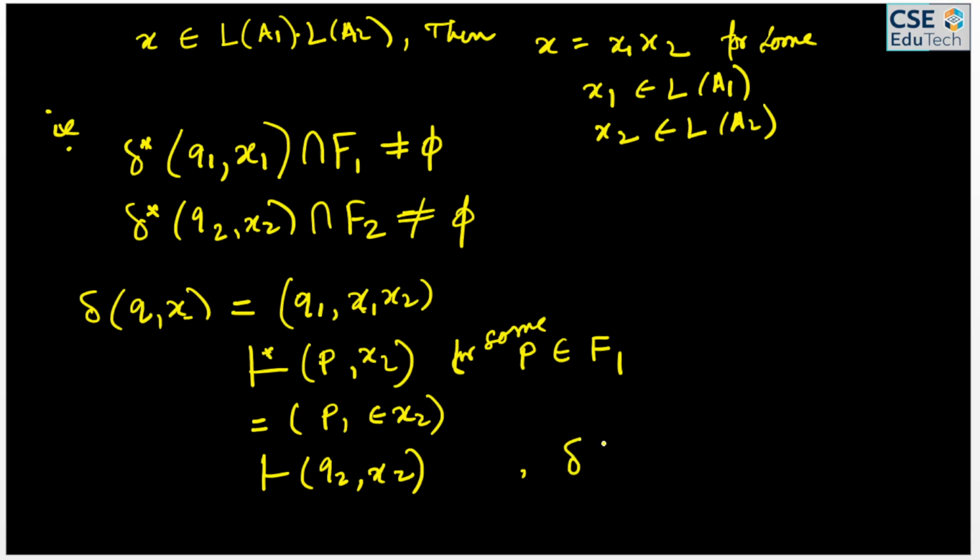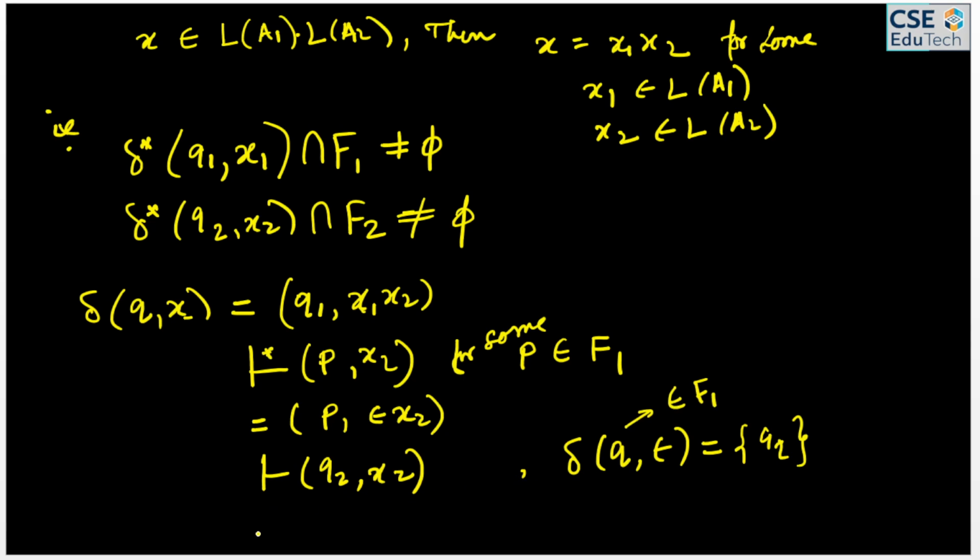because delta q and epsilon is equal to q2. Now this q is basically here a p, because this belongs to f1.